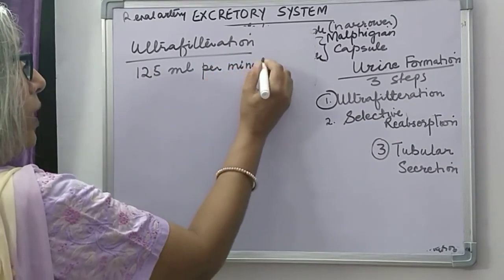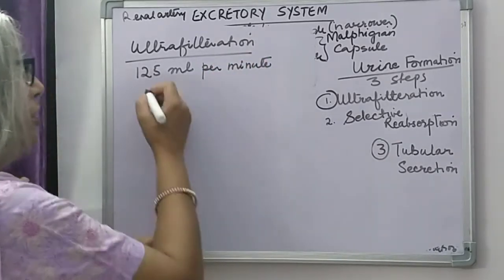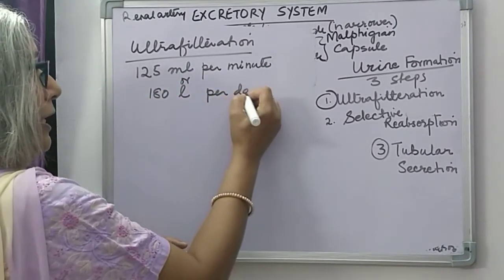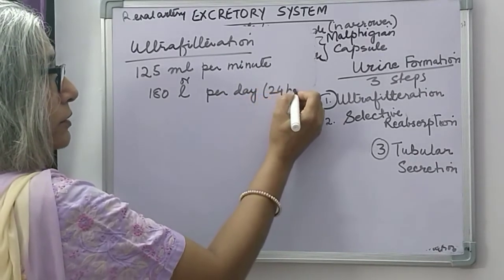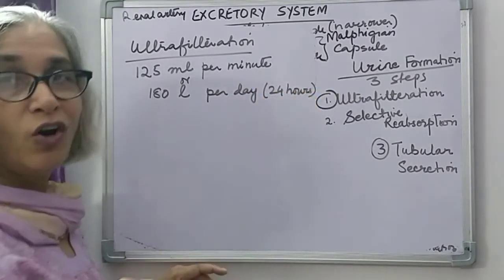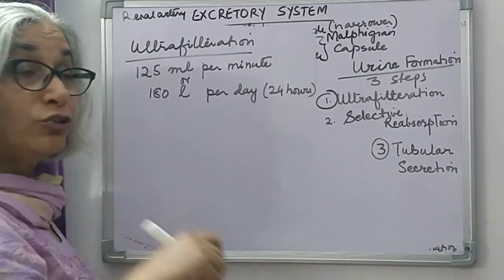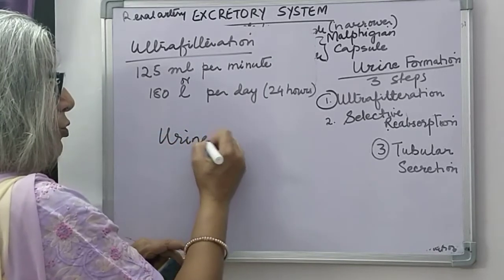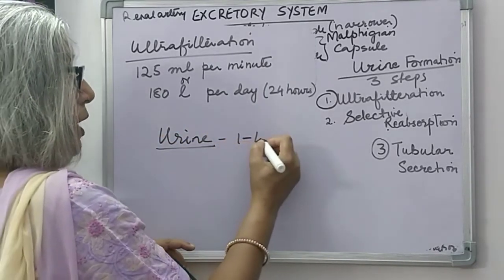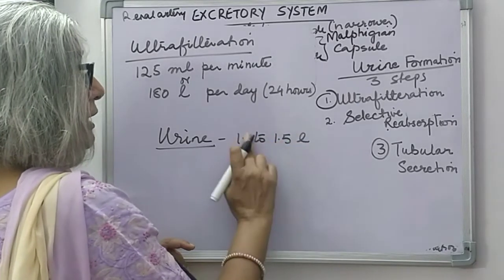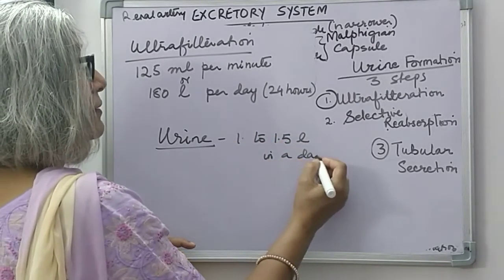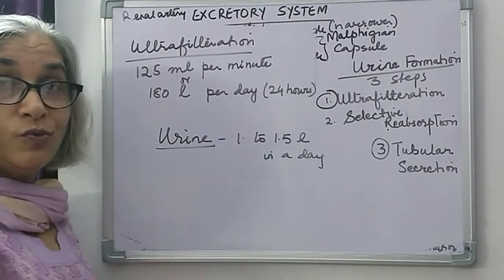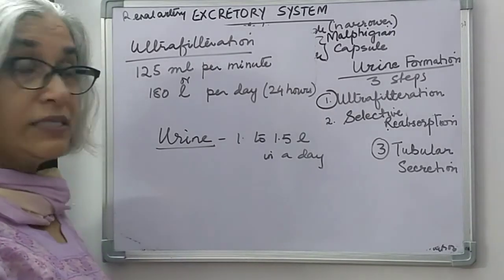Each minute 125 ml of blood is filtered, or we can say 180 liters per day in a duration of 24 hours. But all this is not unwanted. Most of it is reabsorbed, and finally the output of urine that is produced is 1 to 1.5 liters in a day. The rest of it is reabsorbed along with the useful substances like glucose, amino acids.